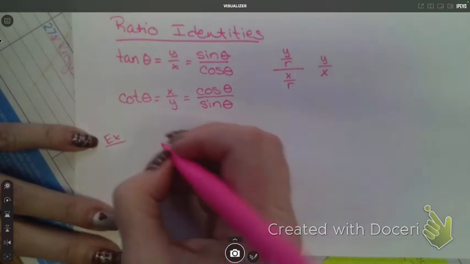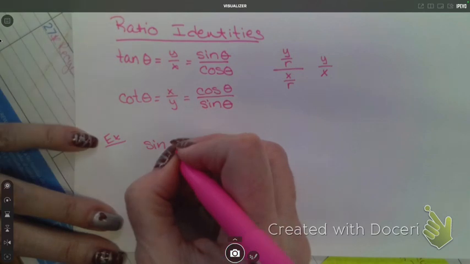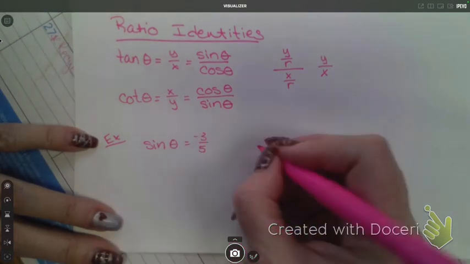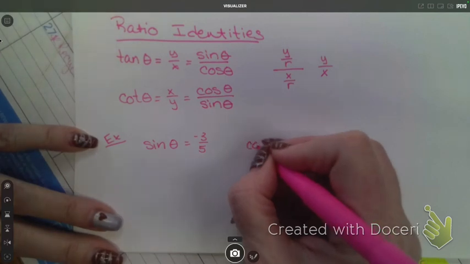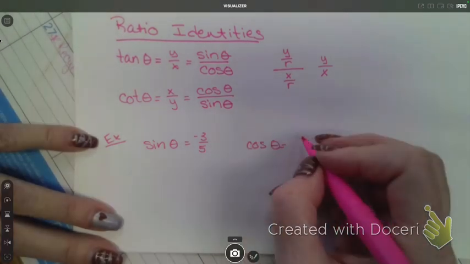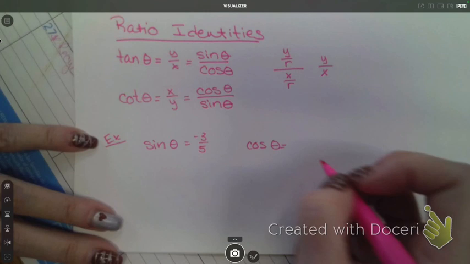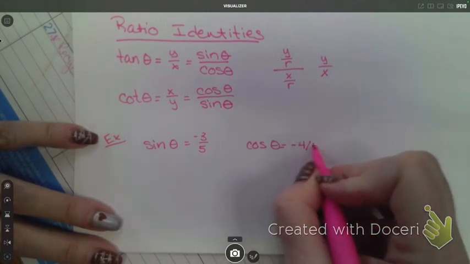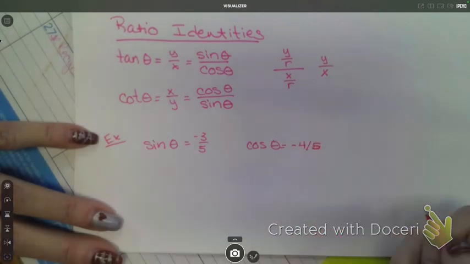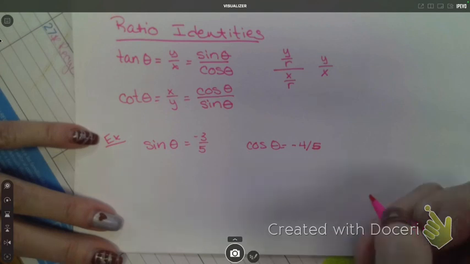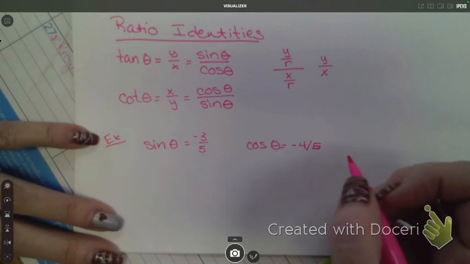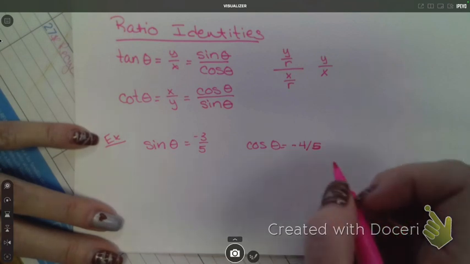So if the sine of theta is negative 3/5, and the cosine of theta is negative 4/5. Now I'm going to tell you right now, this is how the book writes negative 4/5. Don't write your fractions like that. Because you're going to be doing fractions over fractions, divided by fractions, multiplied by fractions.